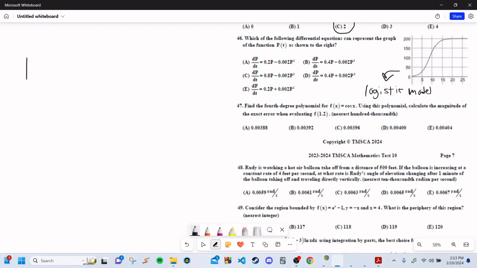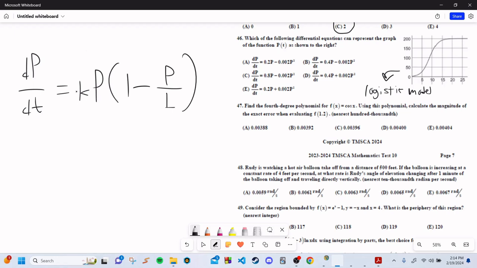And a logistic model, when defined like this, so like dP over dt is equal to some constant k times P times 1 minus P over L.